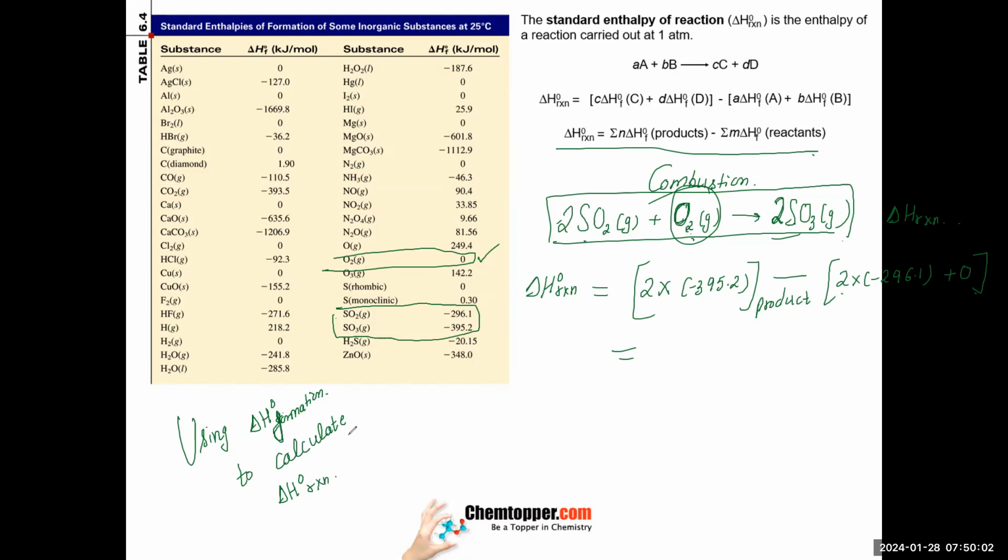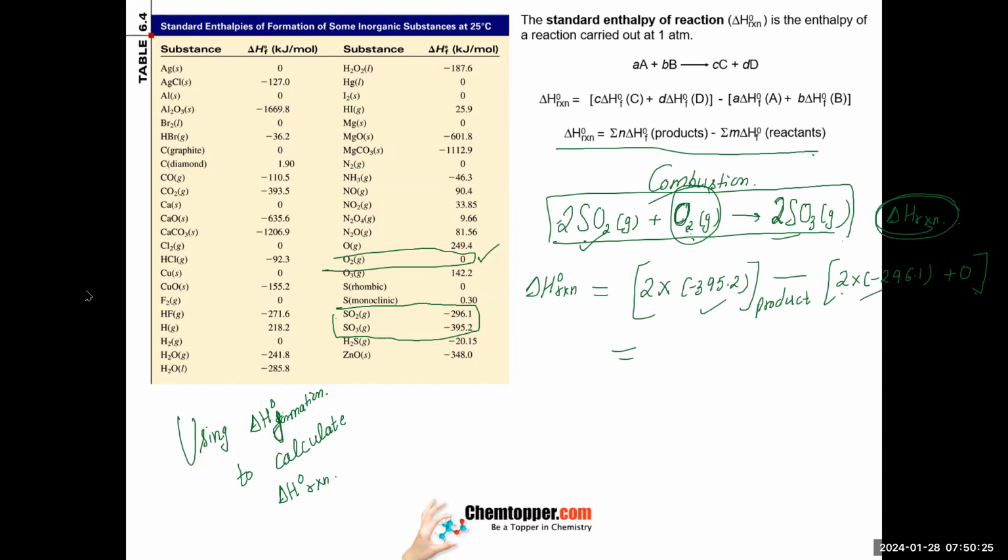So mathematically they can do anything. Like they can give you an equation, they will give you delta H naught reaction, and they will ask you delta H naught formation value for one of the reactant or product. Like here you are calculating delta H naught reaction when all these values are given.